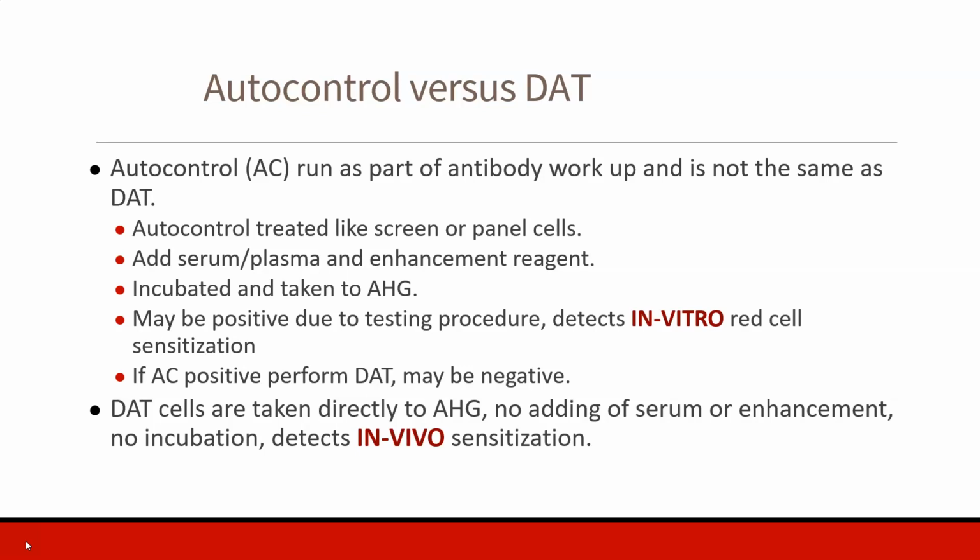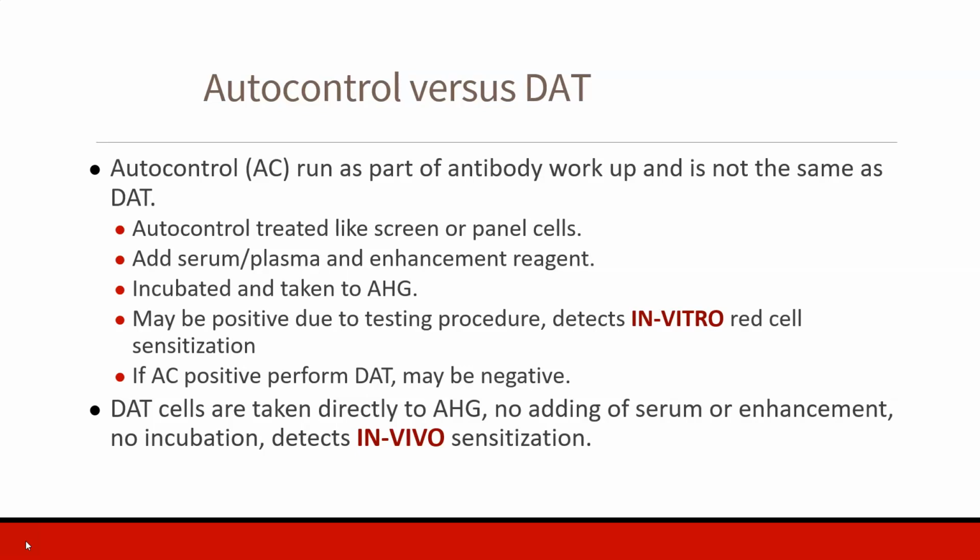There's an incubation period, and then you wash 3 times and add anti-human globulin. This autocontrol may be positive due to the testing procedure itself, because in this procedure it detects in vitro red cell sensitization. That's the principle of the autocontrol. It detects in the test tube red cell sensitization.